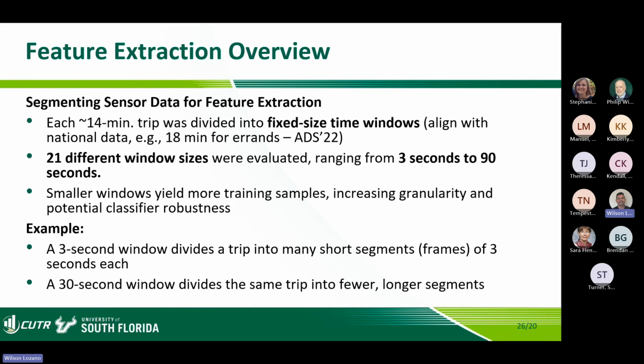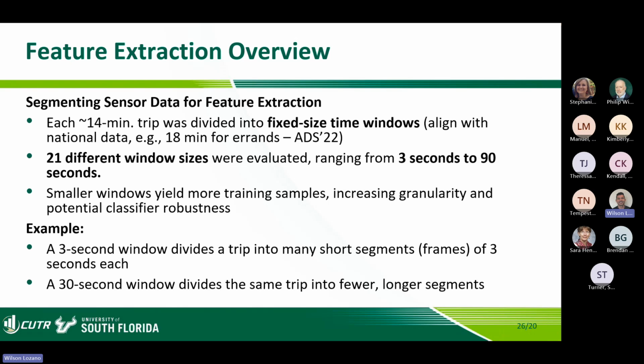Of course, the smaller windows are going to yield more training samples. Each one of the time frame windows for each trip is going to be a sample for that trip, which is going to be labeled as a window for a passenger or for a driver.